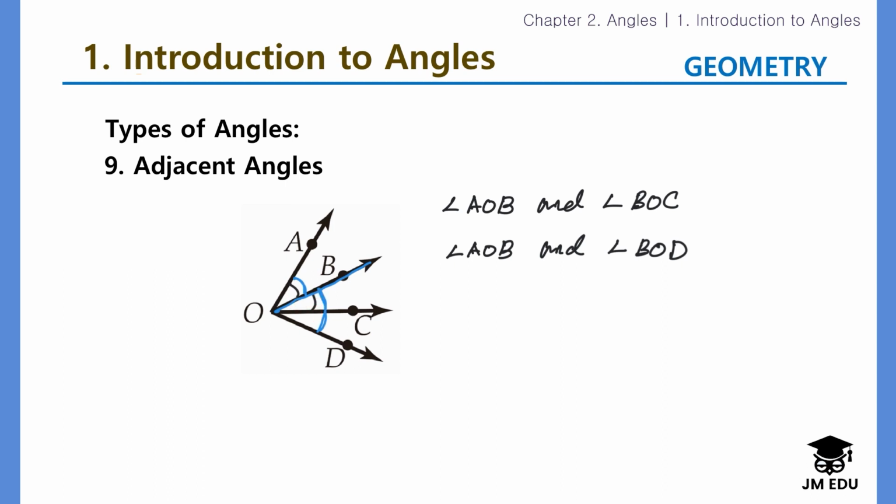But let's say we have angle AOB and angle COD, this angle right here and this angle right here. These two angles are not adjacent angles. All right?